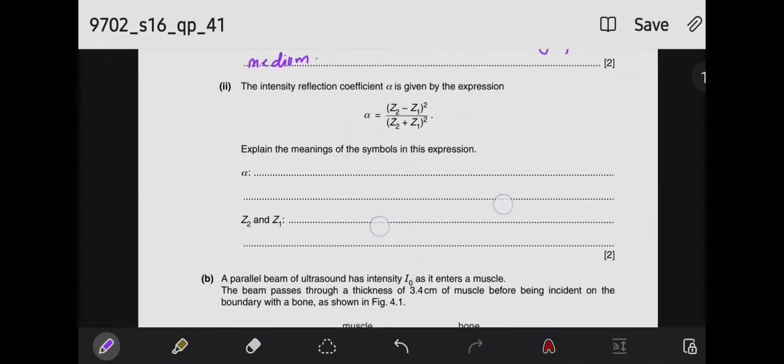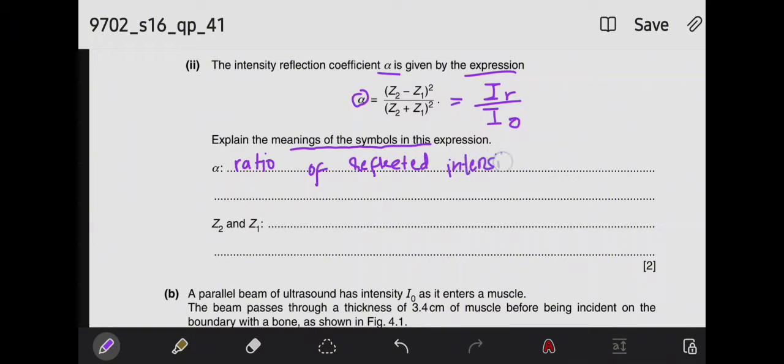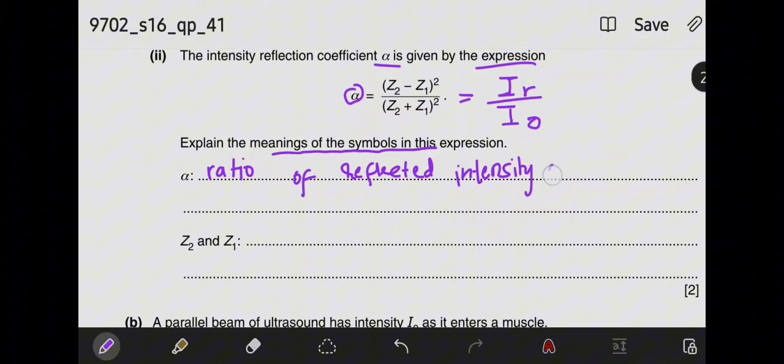Alright, the intensity reflection coefficient is given by the expression. Explain the meanings of the symbols in this expression. If you remember, this is basically equal to I_R over I naught. So alpha here would be equal to the ratio of reflected intensity and incident intensity, I naught being the incident intensity.